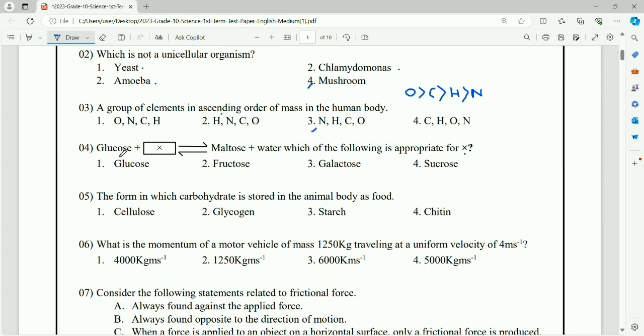So we actually know that glucose plus glucose gives maltose. Glucose plus fructose gives sucrose.